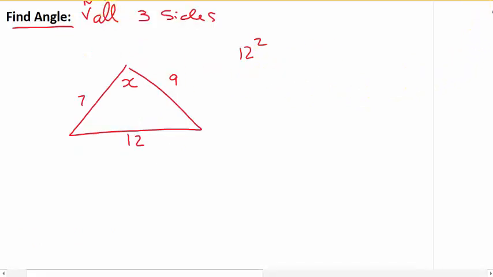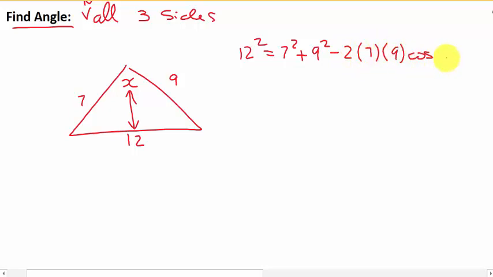Alright, so 12 squared equals to what? 7 squared plus 9 squared minus 2 times 7 times 9 cos of angle X.